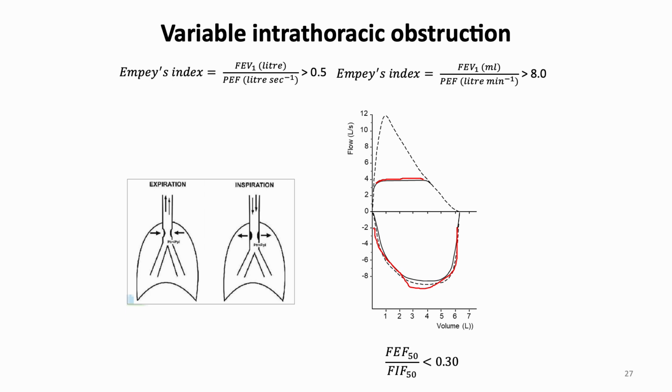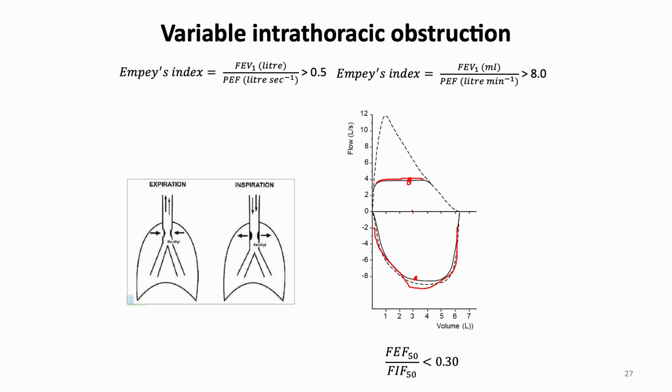By visual inspection of the curve, the inspiratory curve will be normal, but the expiratory curve will be flat, box shaped, and the FEF ratio, which again is the ratio between probably these two values here, so forced expiratory flow at 50% of vital capacity divided by forced inspiratory flow at 50% of vital capacity, will be reduced.